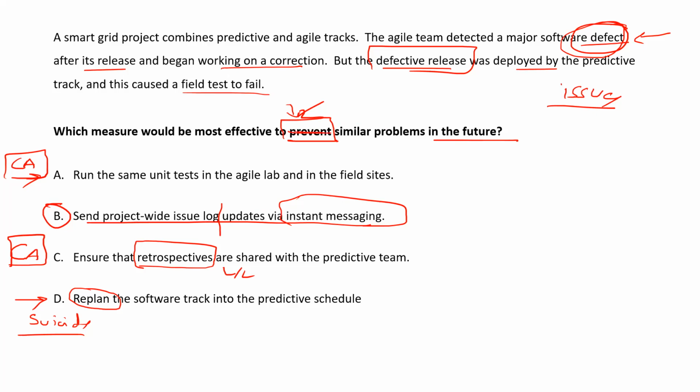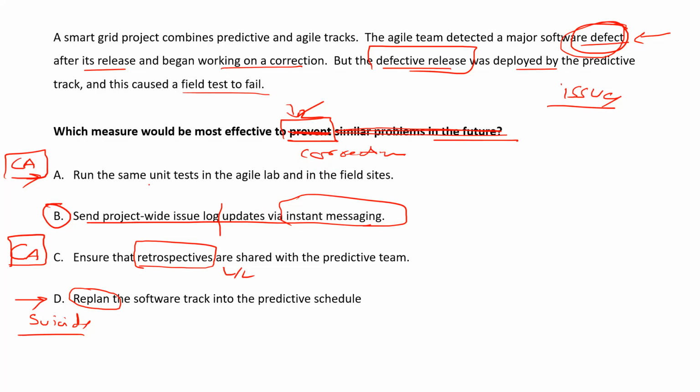If the answer is corrective action, then what could be the right answer? If the question was about corrective actions. Run the same test in the agile lab and in the field sites.